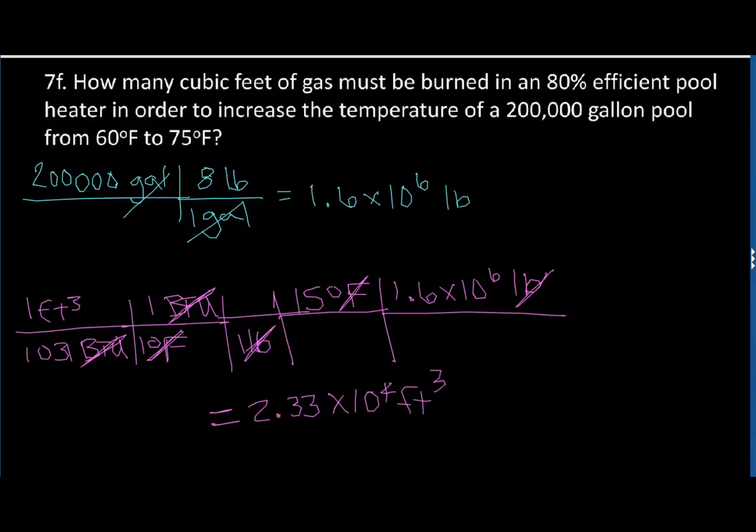Now that would be the answer if it was 100% efficient, but it's not. And this number was just 75 minus 60.